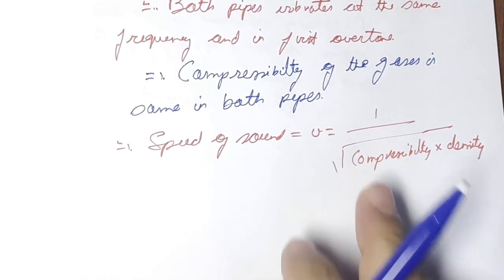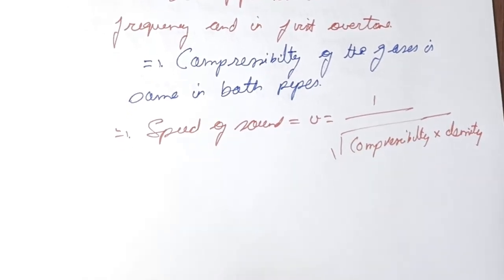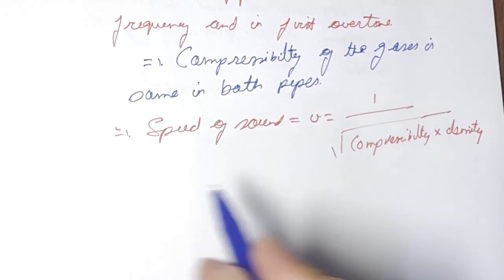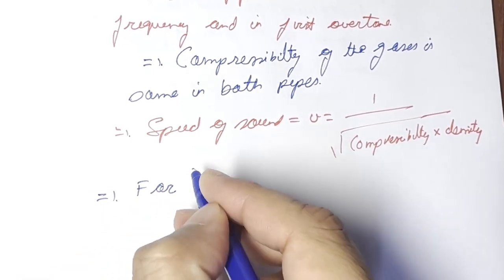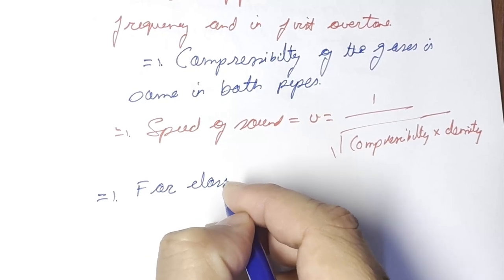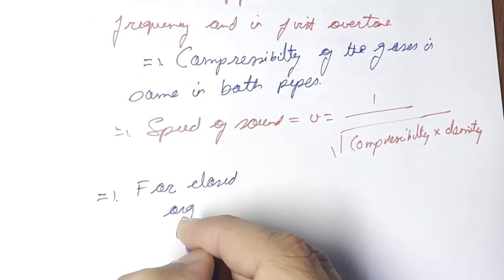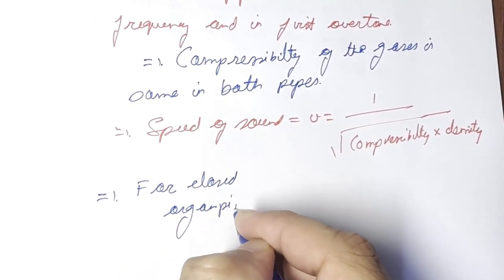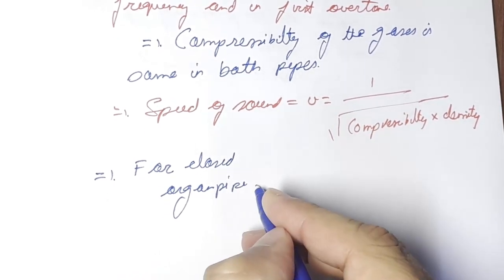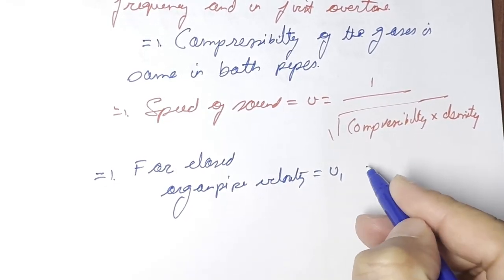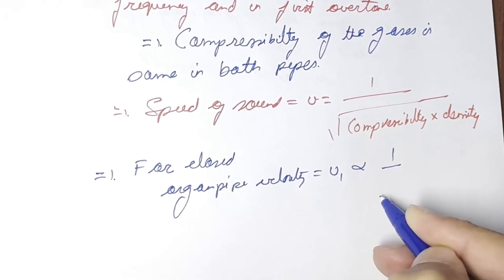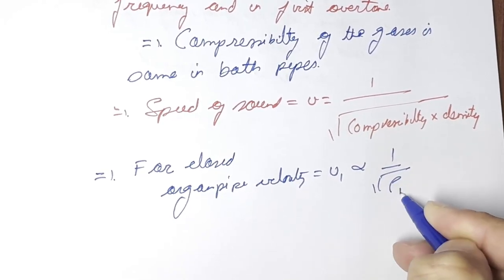So we can write this formula in terms of closed as well as open depending upon their densities. For the closed organ pipe, velocity is V1, and V1 will be proportional to 1 upon square root of density, that is ρ1.